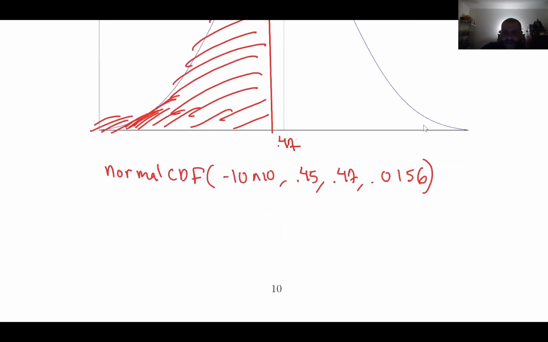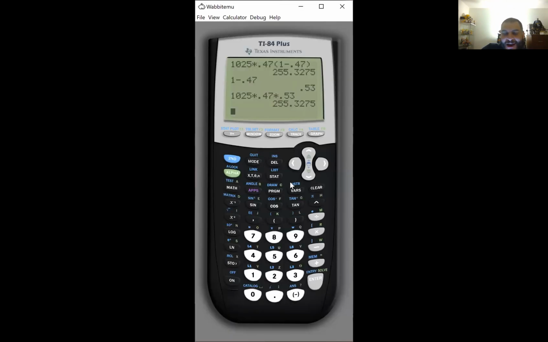All right, so I'm going to go to the TI-84. I'm going to enter this, and we're going to be all done with chapter 8. And then we could go on to chapter 9. All right, so we go second, VARS, normal CDF. Right here, lower bound, negative 10 to the 10 power. That's already there, so I'm going to leave it.